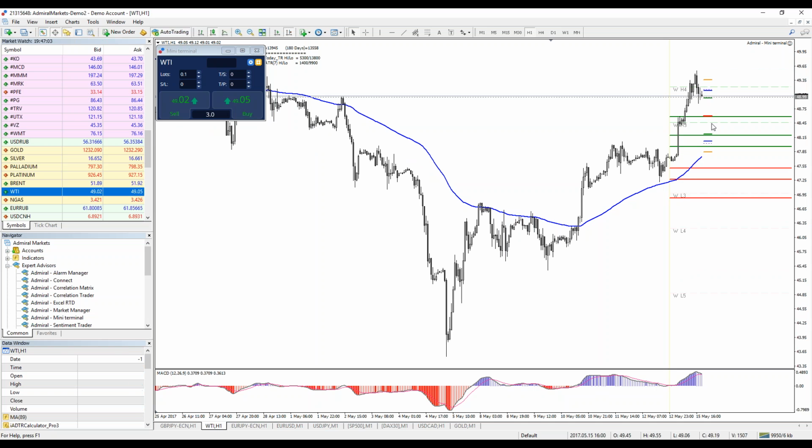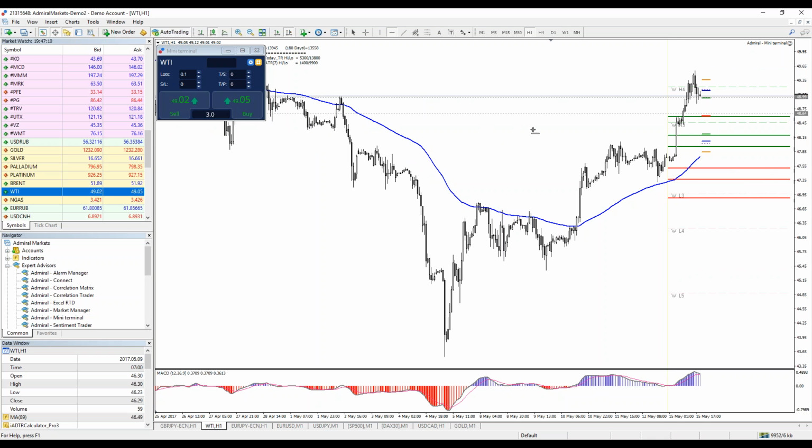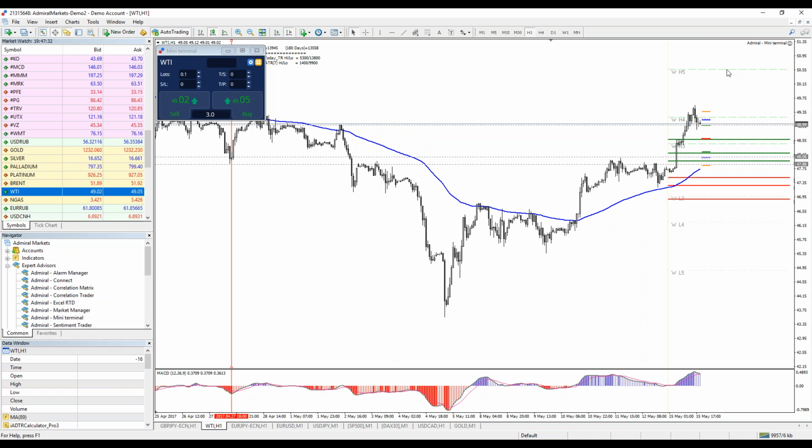If it goes down, then you need to buy the dip. Buying into the dip could be good around this zone here, definitely. This zone can provide a good buying opportunity. So watch for this. But at this point, it's bullish, and if it keeps going and makes another high, it should reach weekly H5.